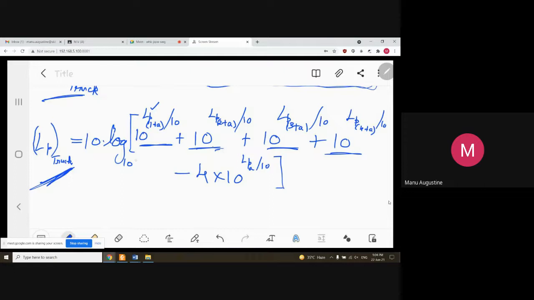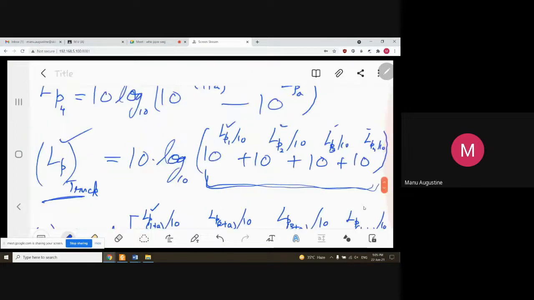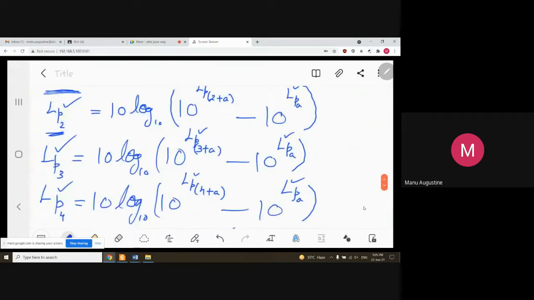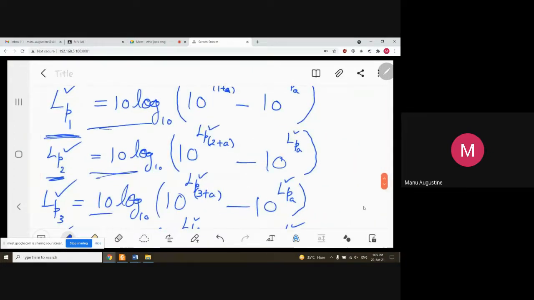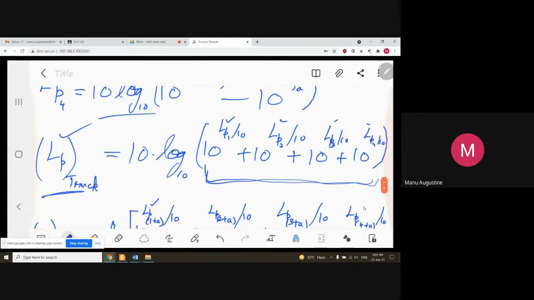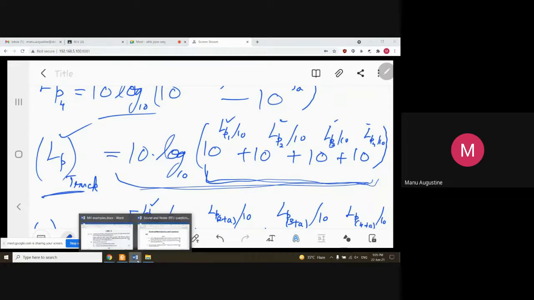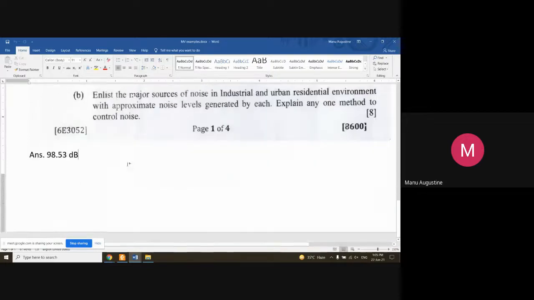So in one single formula, I will be directly able to get the SPL of the entire truck independent of the ambient sound. So whether you go with this single formula or you decide to individually extract the LP1, LP2, LP3, LP4, and then add these extracted components, they will give you the same answer. So please check whether you are getting the same answer or not. The answer should be 98.53 decibels.